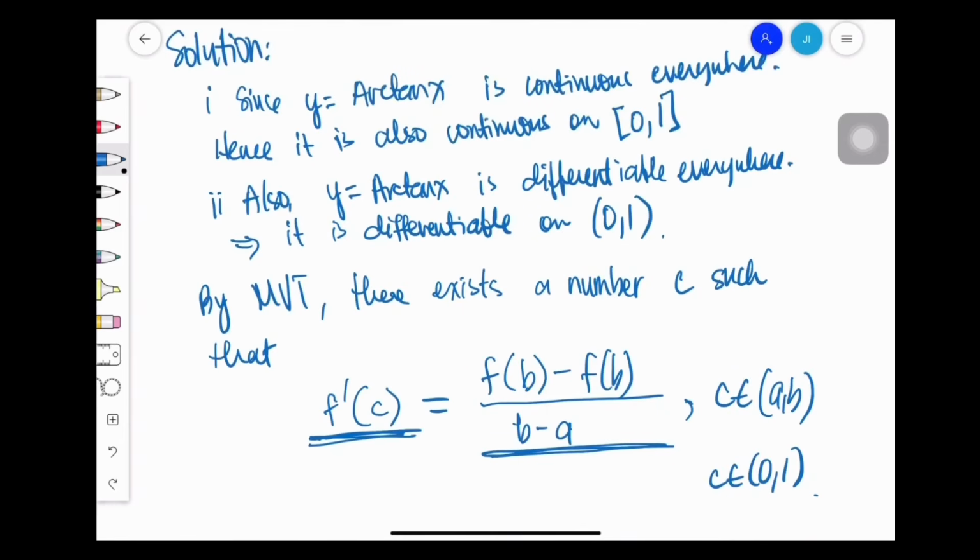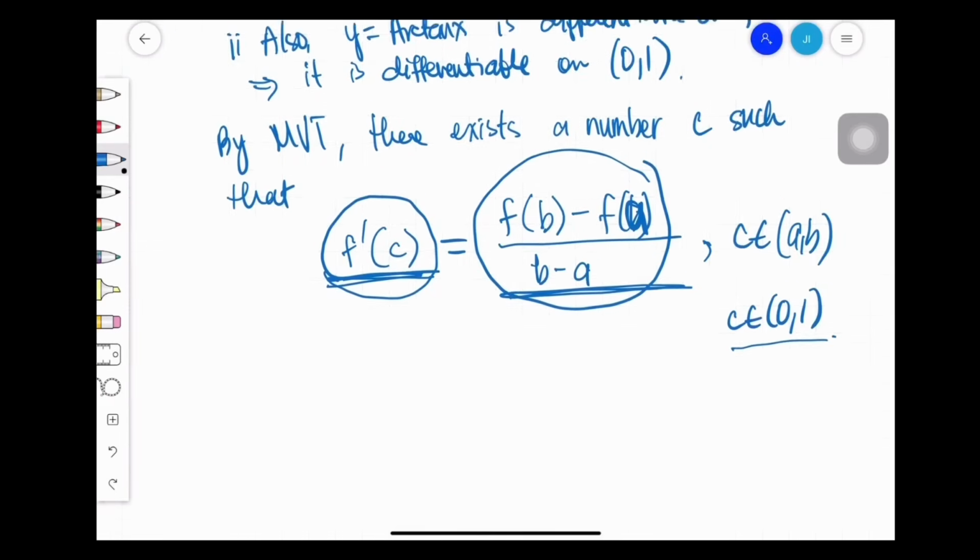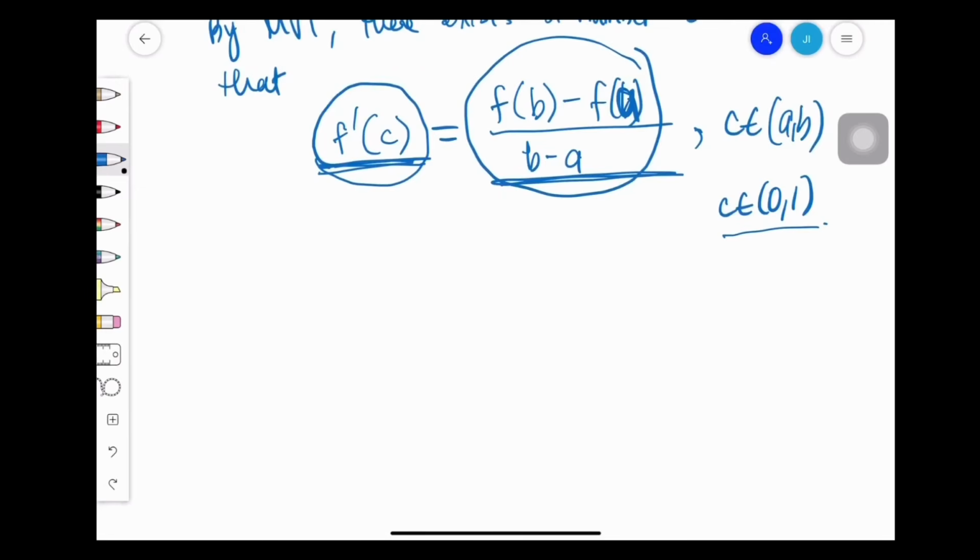Since we have shown that the assumptions of MVT were satisfied, then there is a number c between 0 to 1 such that the slope of the tangent line is the same as the slope of the secant line connecting (a, f of a) and (b, f of b). But if we want to do a little more effort, let's try to find that number c. Okay?